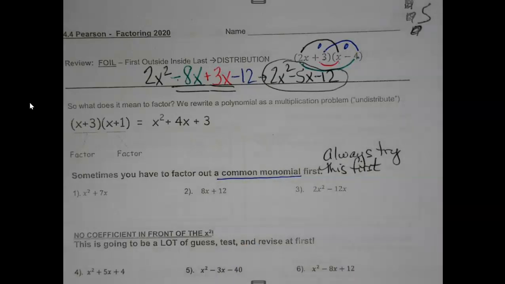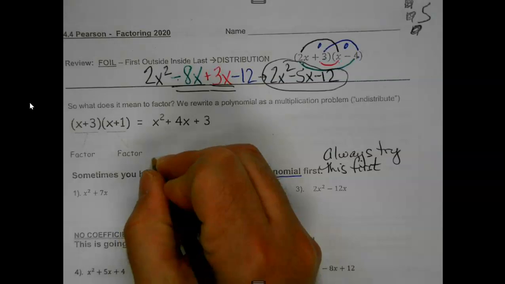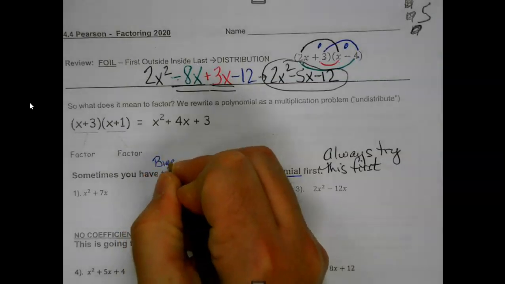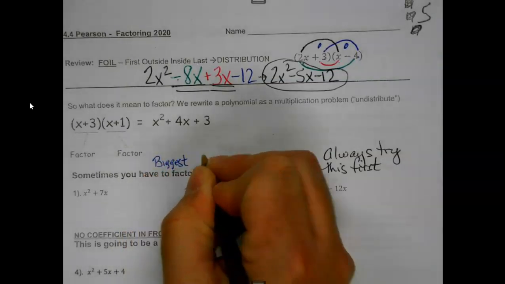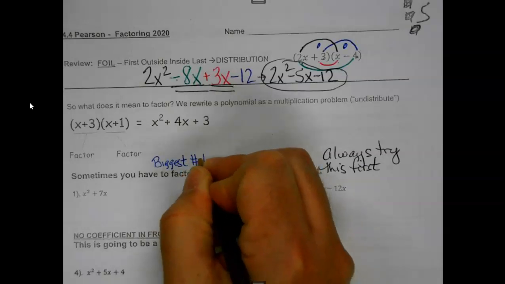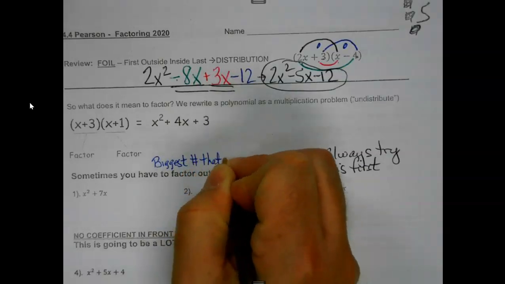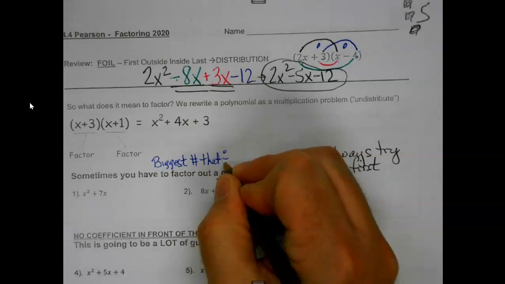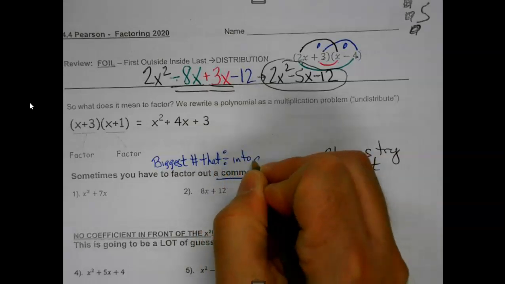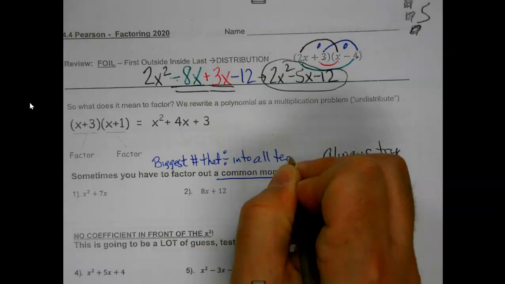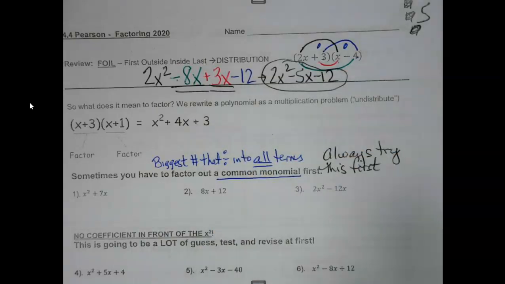We're looking at a number in front, a coefficient. So we'd be looking for the biggest number that divides into all the terms you have.